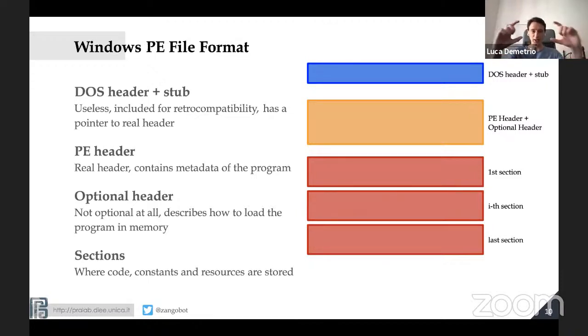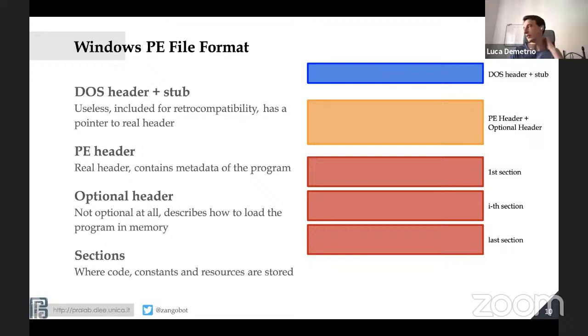You have this in every program in the world. Then you have the real header, the PE header, which contains the real metadata of the program, followed by, unlucky in the naming of these things, the optional header, which is not optional at all, and describes to the loader where it might find the code, the data, and all of the other things.